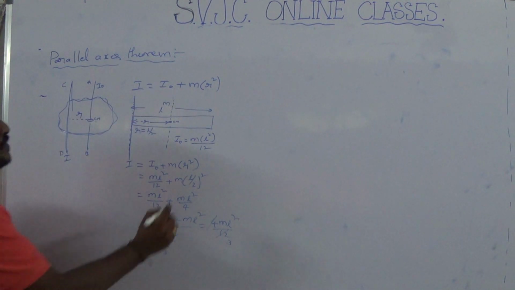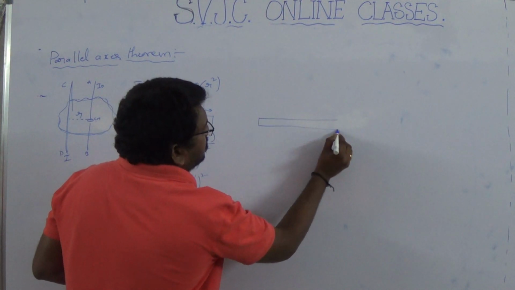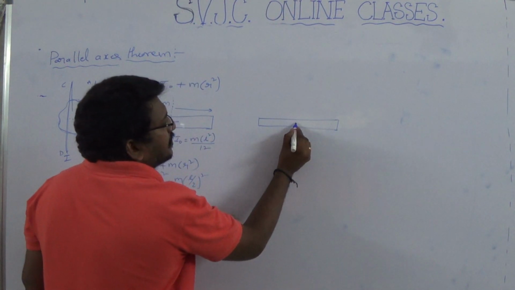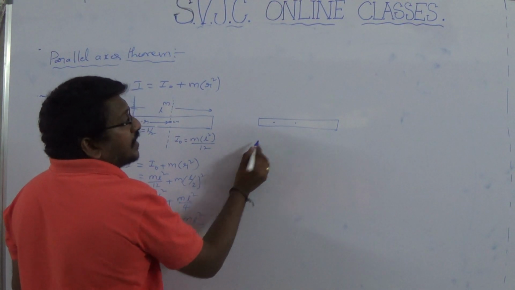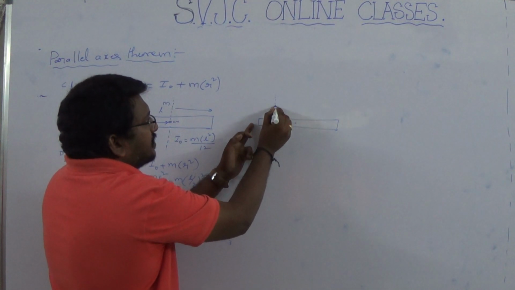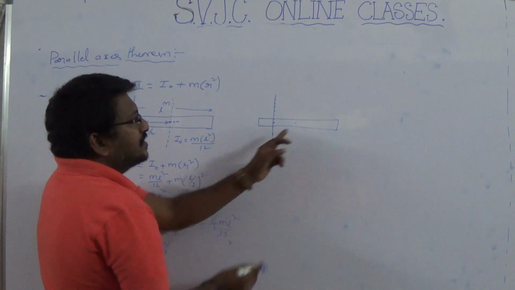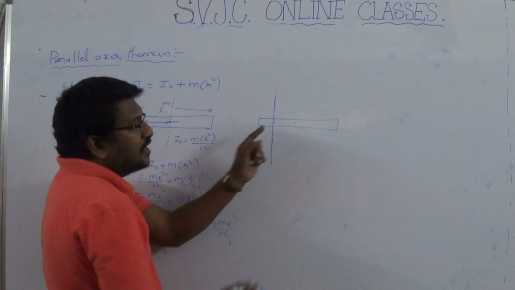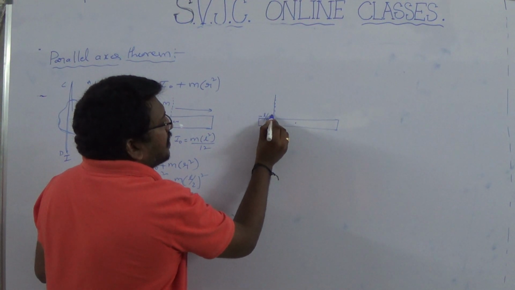For example, I am asked, what is the moment of inertia of this rod with respect to an axis passing through one fourth of the length from one end? From this end, an axis passing like this. What is the moment of inertia of this rod with respect to this axis? Here I am saying that from this end, the length is l by 4.